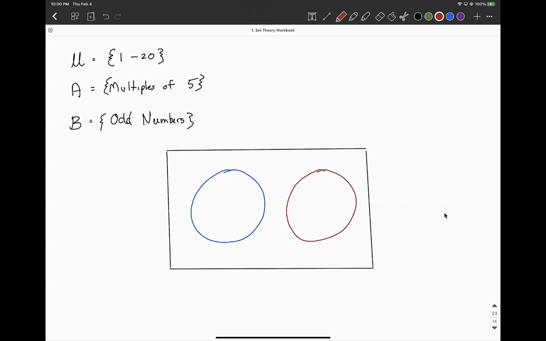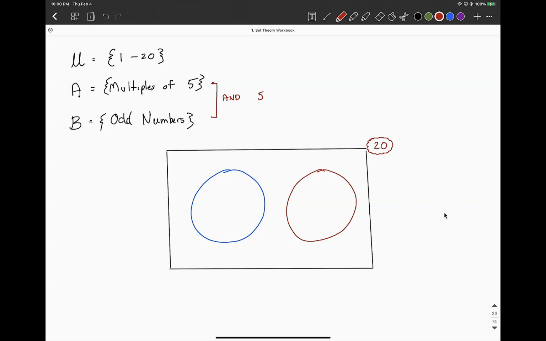Now, is there a number between these sets that is both a multiple of 5 and an odd number? And we're only dealing with the first 20 numbers. I've defined the universe as only 20 things, 20 elements. And I can quite quickly think of a number that's odd and a multiple of 5.